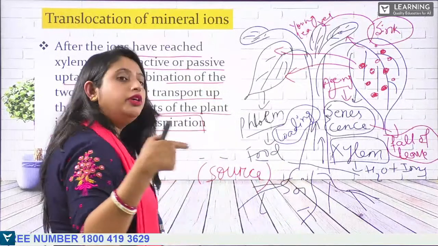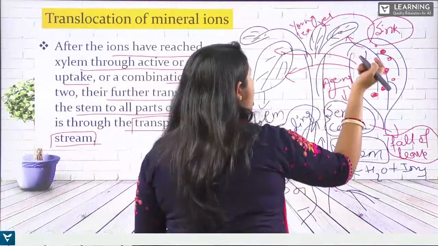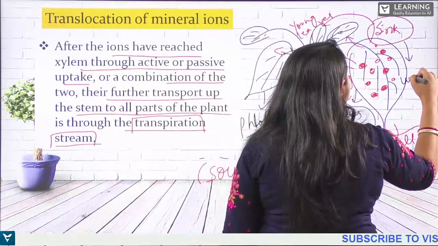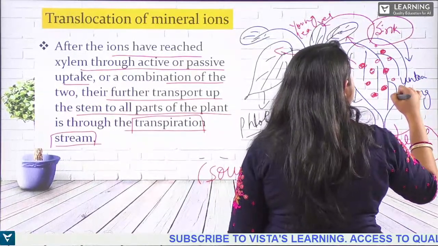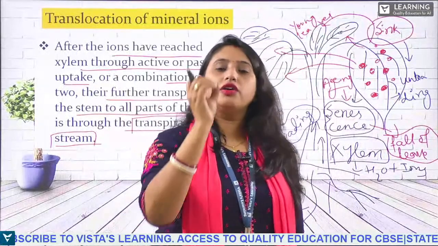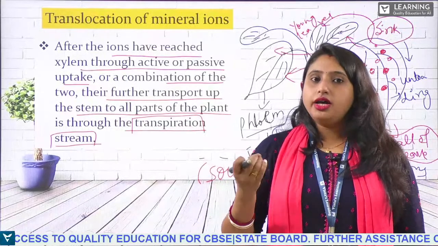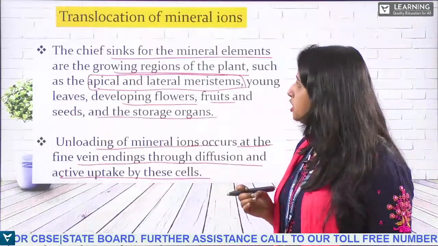The mineral ions are being loaded into the xylem, isn't it? Now what happens in the sink? Unloading took place. Unloading took place where? In the sink. Is that clear? This occurs by the process of active transport and by the process of osmosis. Is that clear?